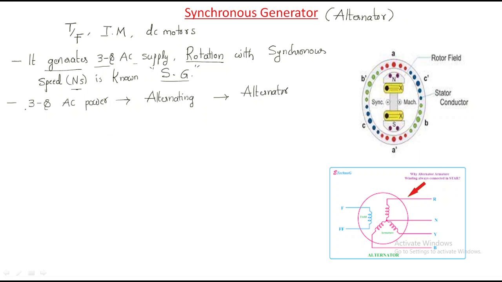It is a highly used generator. We generate most of our power with it. For example, we have many power plants. Thermal power stations are the main sources of electrical power, and now nuclear also plays a very important role, and hydel also.